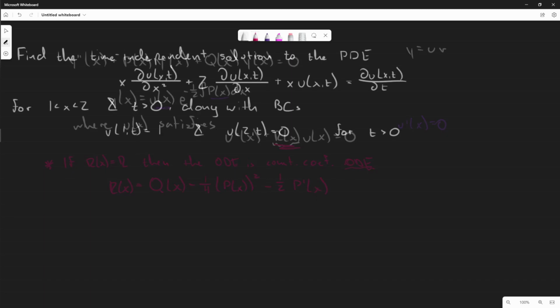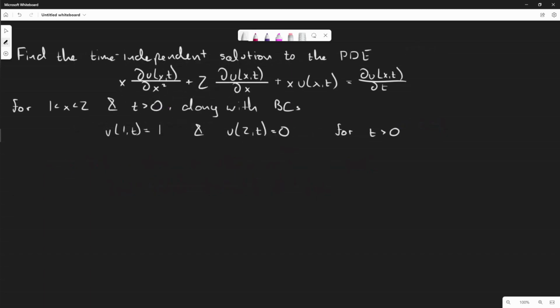So this example tells us to find the time-independent solution to the PDE as shown here for x between 1 and 2 and t greater than 0, along with the boundary conditions u of 1,t equal to 1 and u of 2,t equal to 0 for time greater than 0.